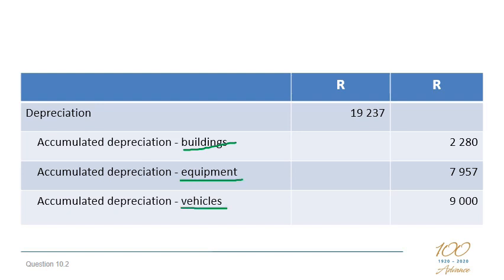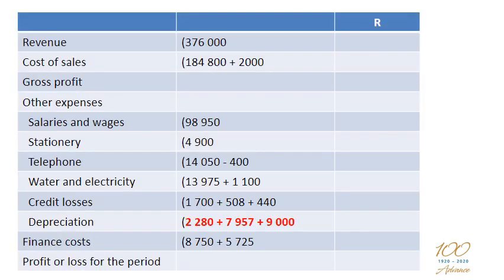And here I have the amounts that I just calculated, add them all together, and that will give me depreciation, which is the expense that I need to adjust in the statement of profit or loss. Statement of profit or loss, I add all my depreciations, and remember in accounting, more is more, not less is more. So please show your calculations clearly so that we can give you method marks if you made a mistake somewhere.